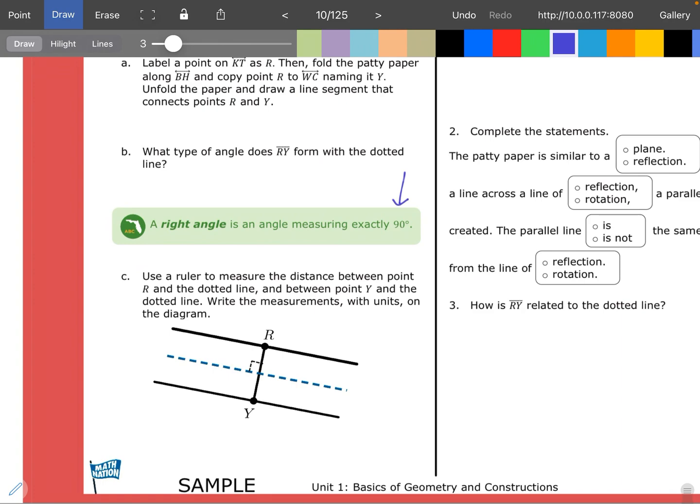When you drew RY, part C says measure the distance between R and the dotted line and then between Y and the dotted line. Whatever this measurement was here, you're going to see that it matches the measurement here. We call that equidistance. Point R and point Y are both equidistant to the line of reflection.